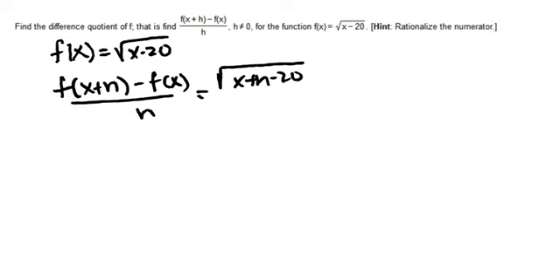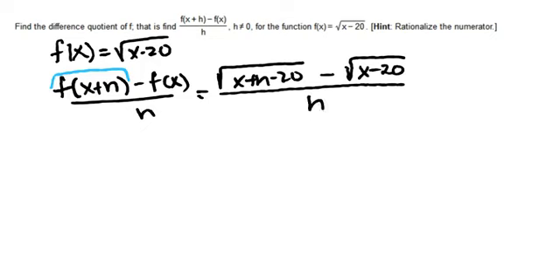So that's this first part of the difference quotient. Now minus our function f of x, so minus square root of x minus 20 over h. So this is the difference quotient, but we want to simplify it more.